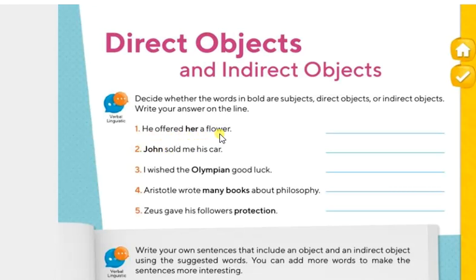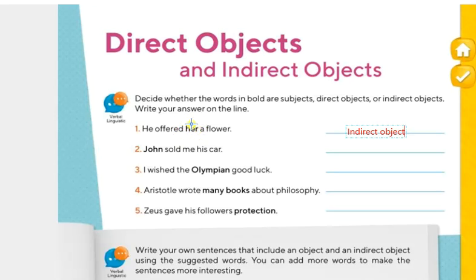That means, what is her? Her is an indirect object, yes, of course, because it answers the question: he offered a flower to whom?